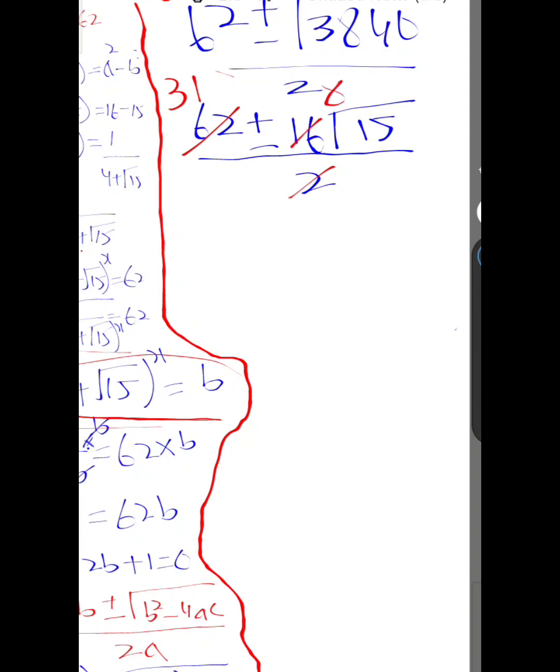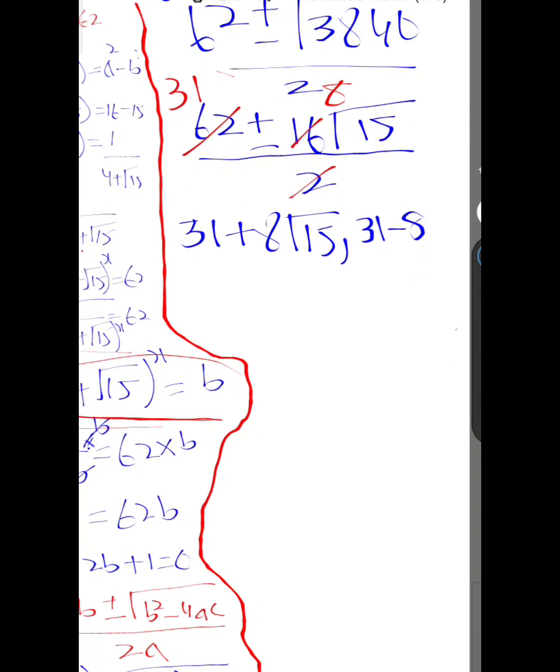So finally we have 31 plus minus 8 times square root 15. First we are taking the positive value, 31 plus 8 times square root 15, and the second value is 31 minus 8 times square root 15. So first we will go with the positive one.